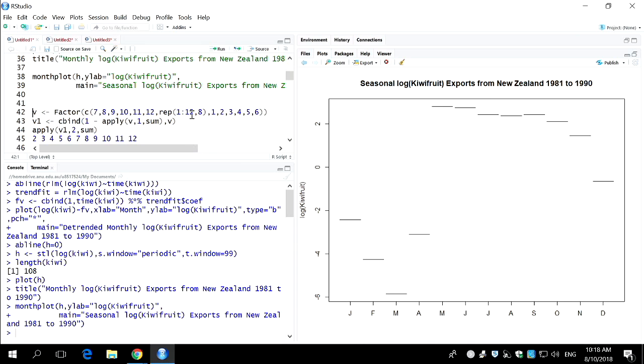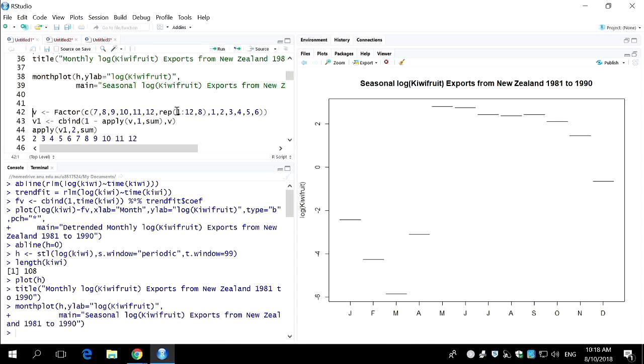So when we fit our seasonal effect, there's a few different ways you could do it. The simplest way you could do it is to say, look, every month is different. I'm going to fit a factor which has a separate constant for each month, okay? So to do that, you'd go, V is factor, it starts in the 7th month, so you've got 7, 8, 9, 10, 11, 12, that's the first year, the end of the first year.